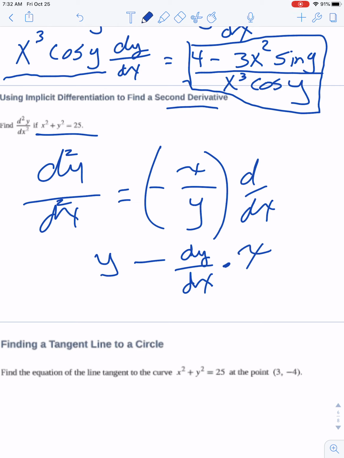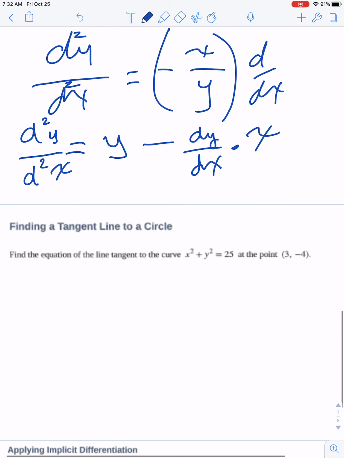So again, we're calculating our second derivative. In this problem, we know what dy dx is equal to. It's equal to negative x over y.